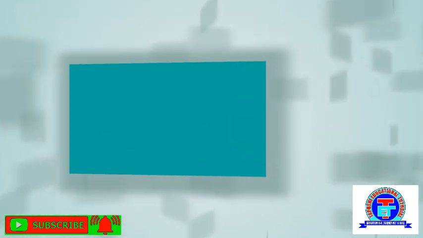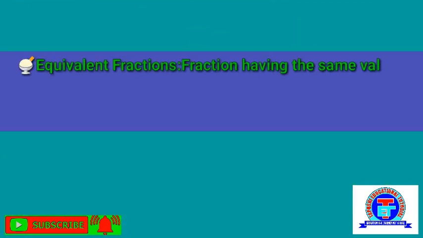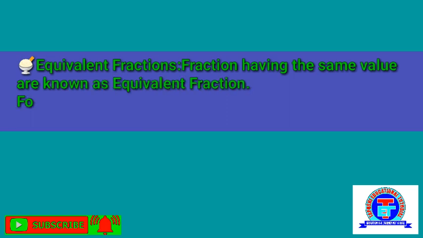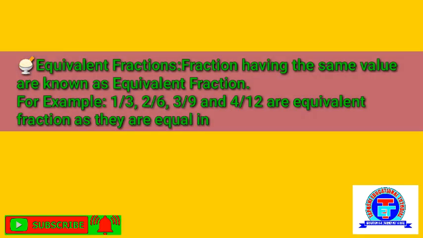Okay, now equivalent fraction. Fractions having the same value are known as equivalent fractions. For example, 1 by 3, 2 by 6, 3 by 9 and 4 by 12 are equivalent fractions as they are equal in value.